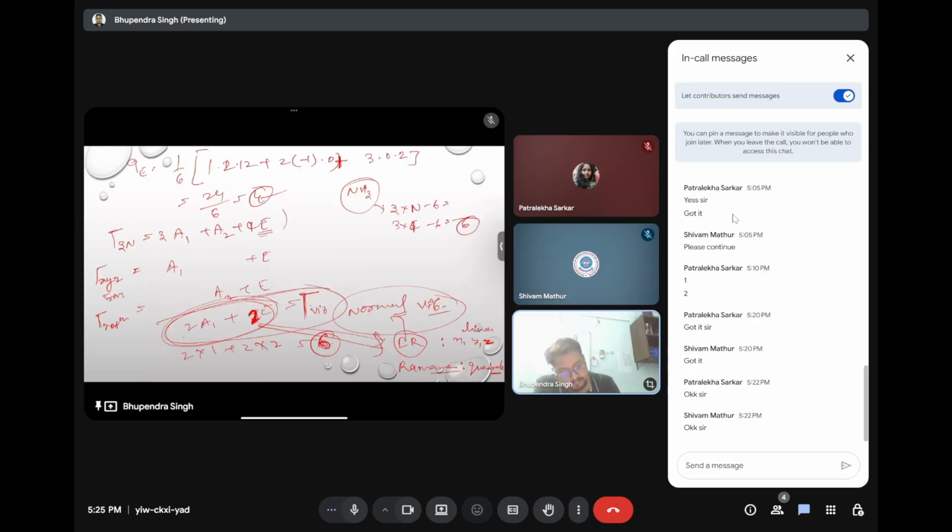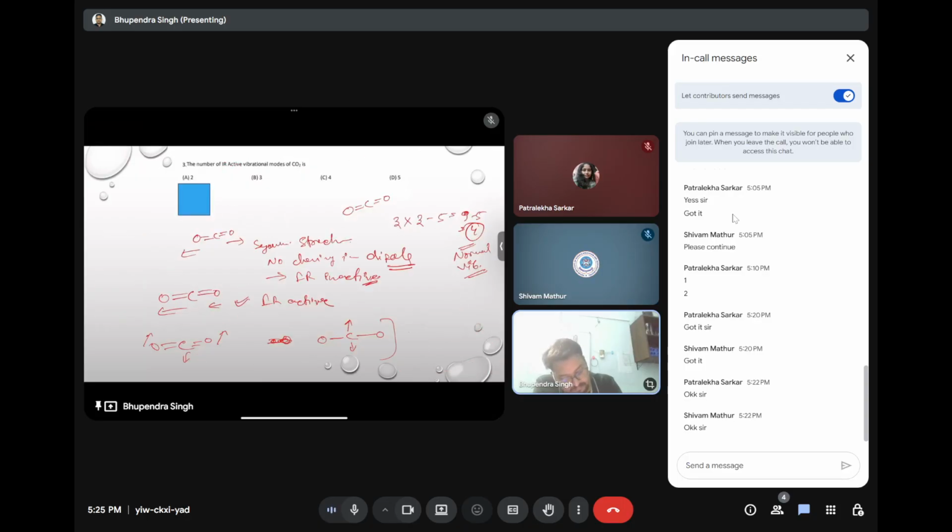So these are bending modes. These two are stretching modes. So total vibration modes are 4: 1, 2, 3, and 4.